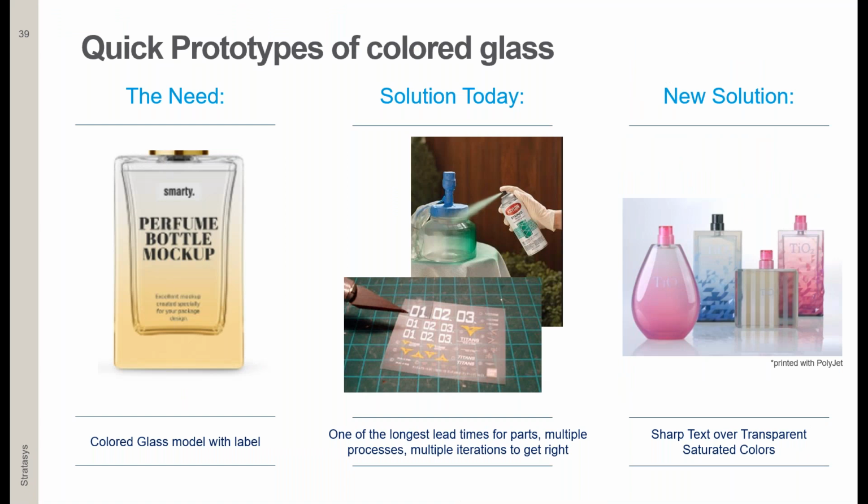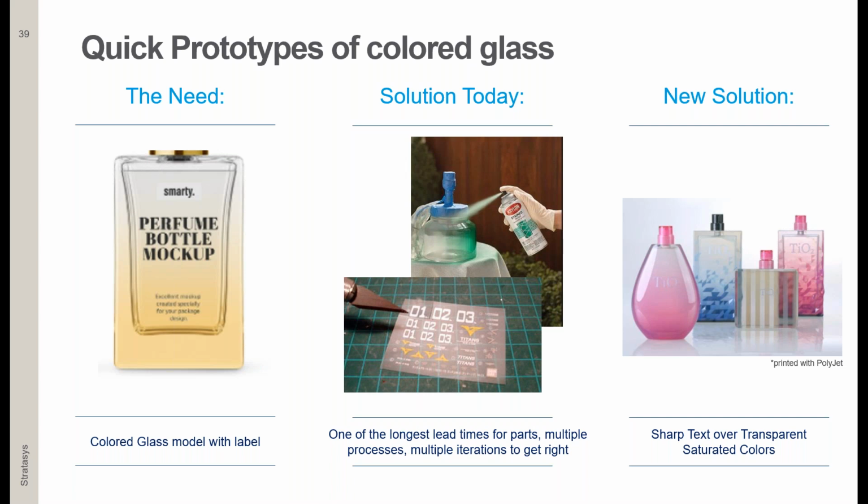So quick prototypes that we talk about. Today's solution again involves quite a lot of spray painting, emery sanding. Post-processing is a labor-oriented process which also calls for a very high level of skill sets. Now with our new solution, you'll have sharp text that can be precisely as the final production part looks.